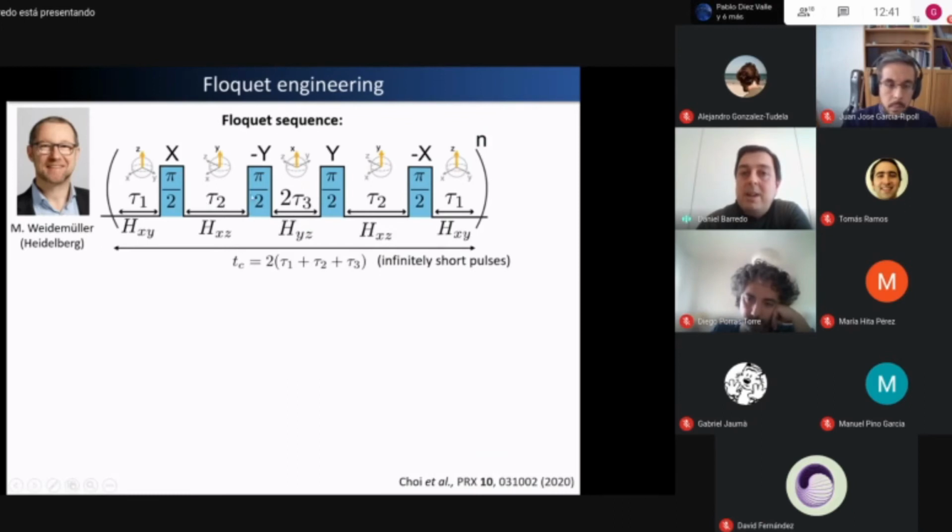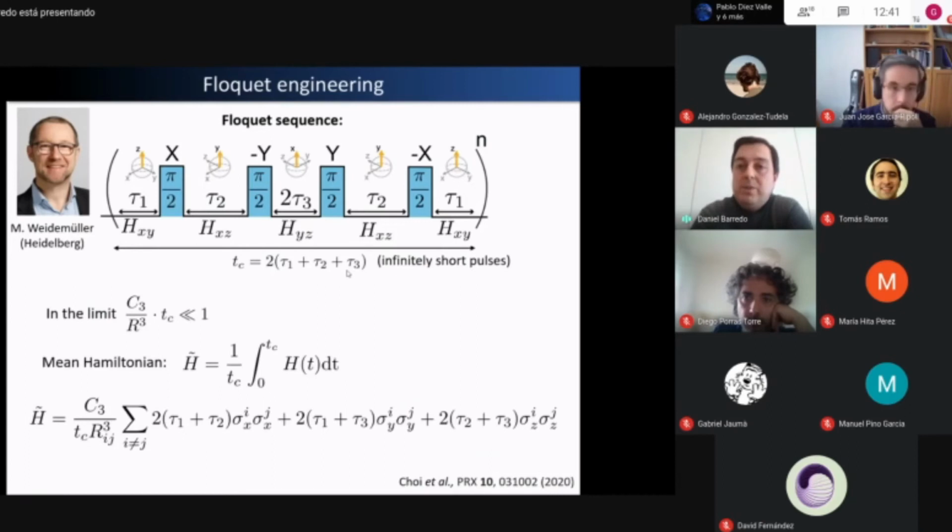Then you apply another pi/2 along minus y, that then allows you to have this Hamiltonian along yz, and this you evolve for some time as well, and then you basically undo what you have done before. If these pulses are very short, you can think that the time for the complete sequence is twice tau1 plus tau2 plus tau3.